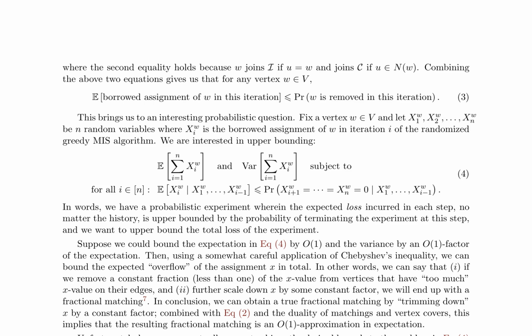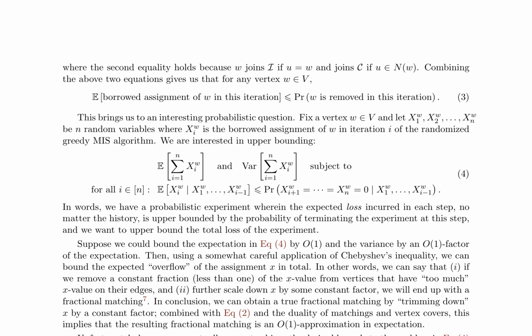The technical condition in the assignment of x, which only assigns a value of 1/deg(v) to an edge (v,w) if deg(w) is less than or equal to deg(v), is crucial in bounding the expectation and variance of the problem. The analysis shows that the expected total borrowed assignment of a vertex w is bounded by a constant factor, and the variance is bounded by an O(1) factor of the expectation.